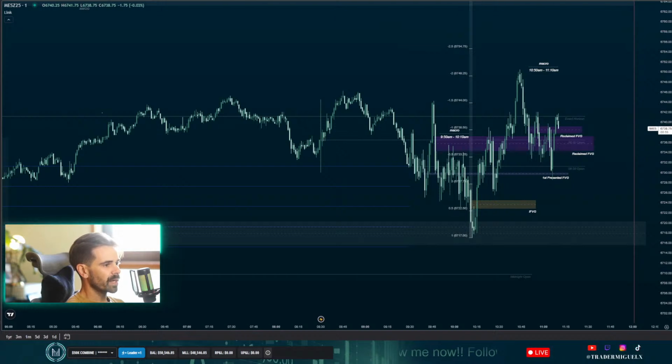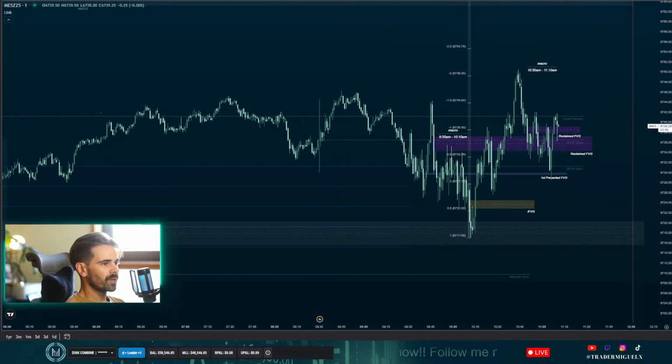If I have no edge, I will probably risk my account doing whatever the market wants to do instead of whatever I want to do. And this is a form of profitability as well. Looking at the market and having a read about it and saying, okay, maybe I don't have a read. Maybe I don't have any edge today, so it's my day to stay away from it. So that's a form of profitability as well.